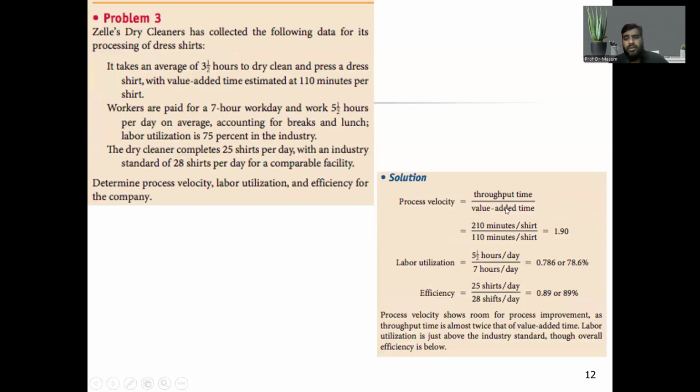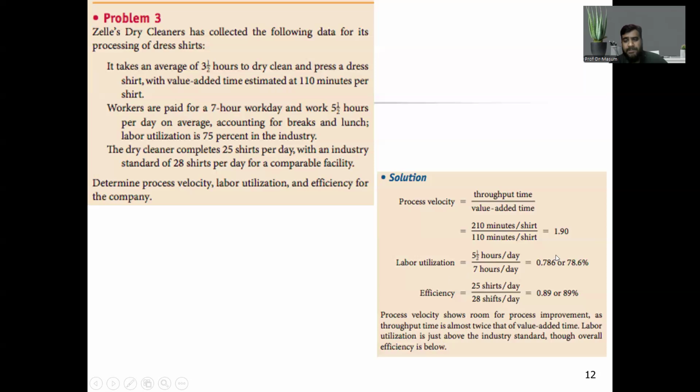So process velocity is 1.9. Labor utilization is 78.6. Efficiency is 89%. Process velocity shows room for process improvement because 1.9, you have to bring it down to 1, as throughput time is almost twice that of the value-added time. Labor utilization is just above the industry standard, though overall efficiency is below.